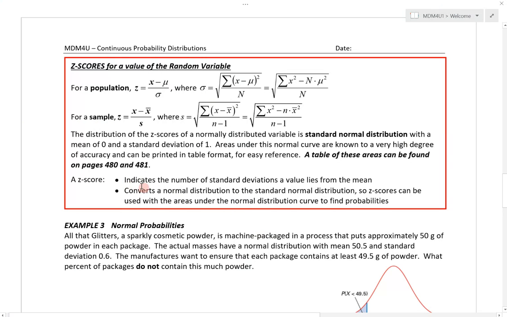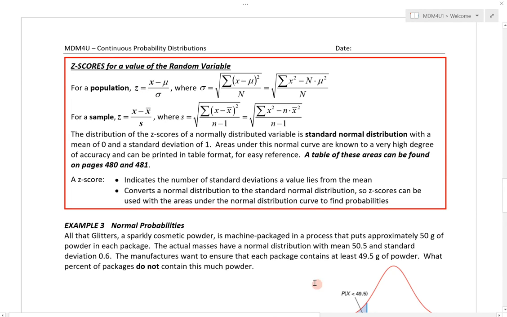Okay, so two things for a z-score. It indicates the number of standard deviations a value lies from its mean, and it converts a normal distribution to the standard normal distribution so that z-scores can be used with areas under the normal distribution curve to find probabilities. Okay, so just a difference now. Your data can be modeled using a normal distribution, but we use z-scores to standardize your normal distribution to a standard normal distribution.